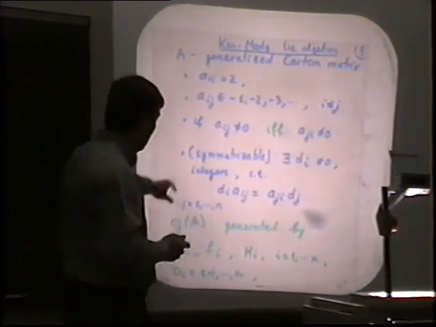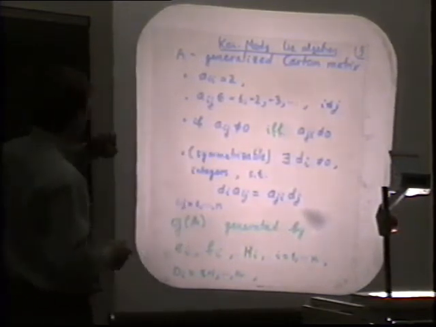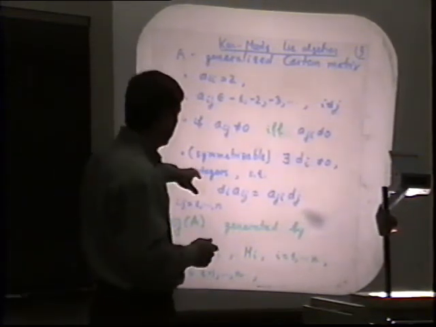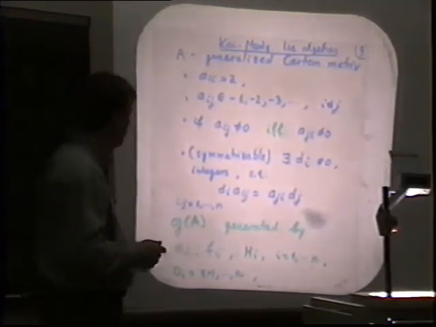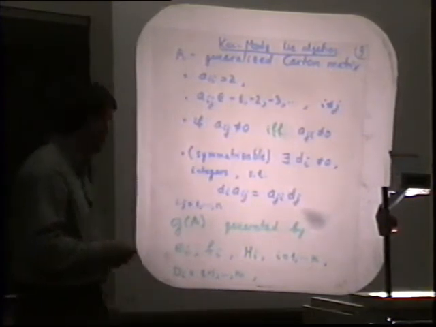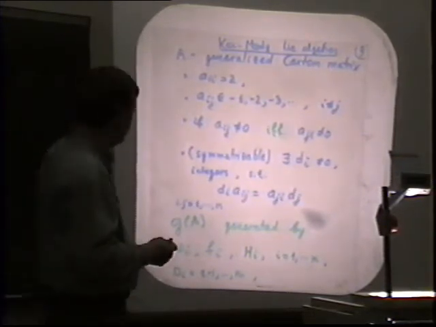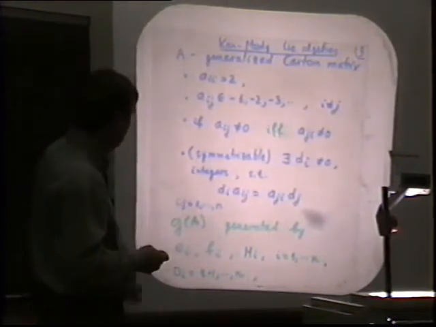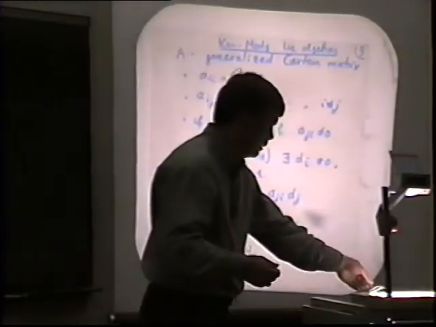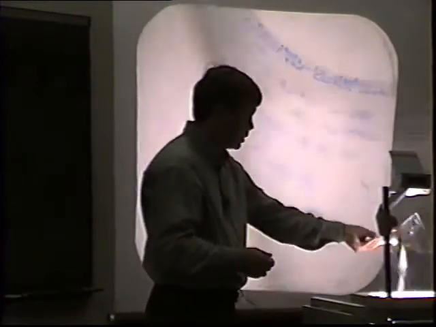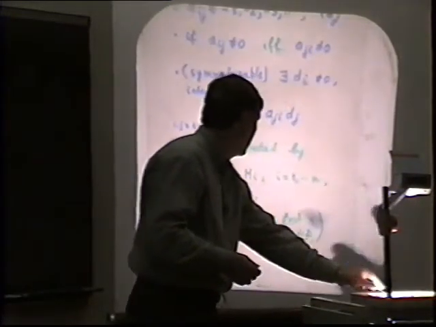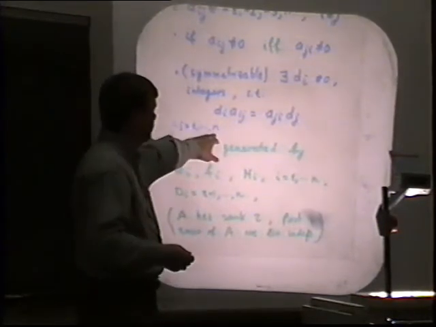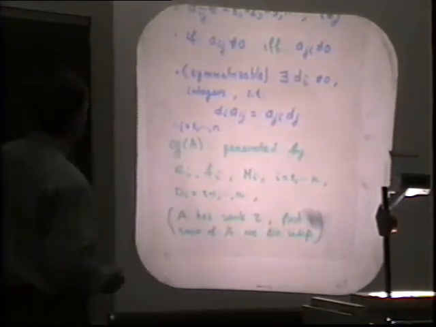And I will assume that this generalized Cartan matrix is symmetrizable. In other words, there is a sequence of non-zero integers such that they intertwine the Cartan matrix and the transposed one. The indices range over a finite set.